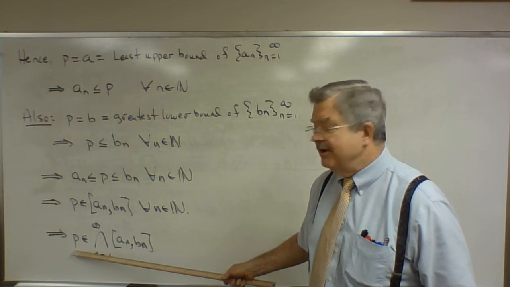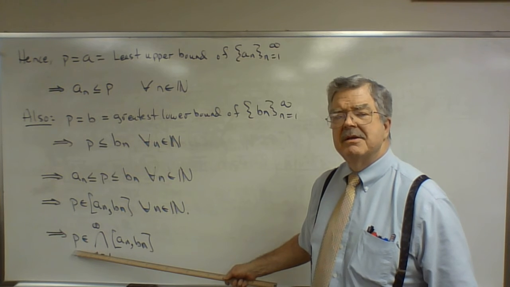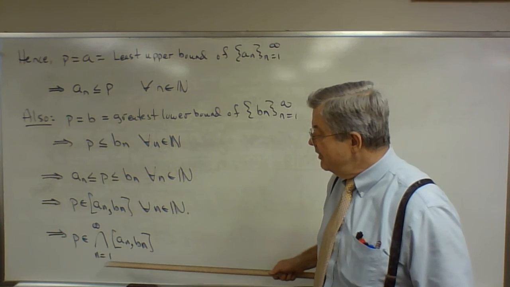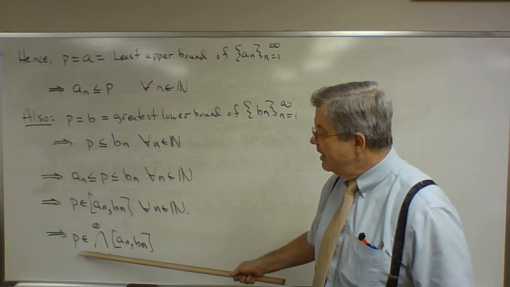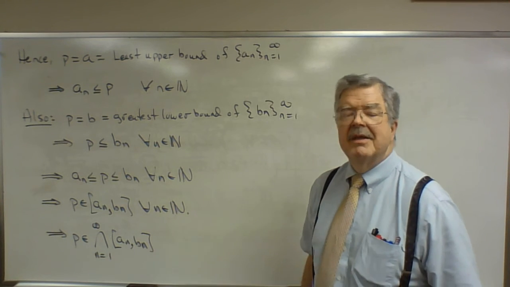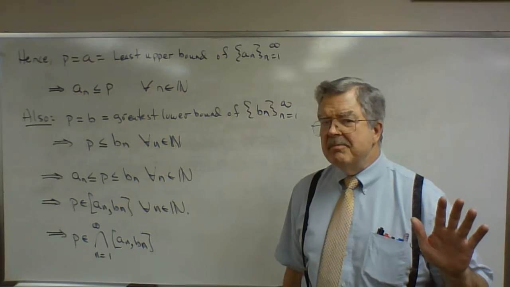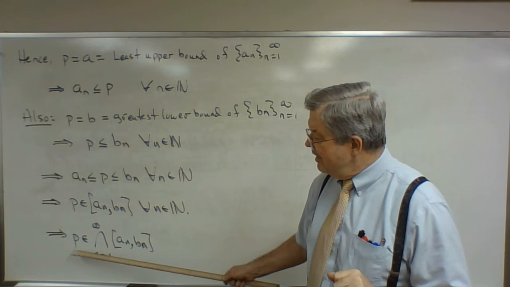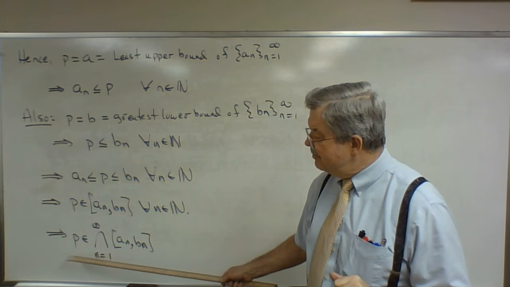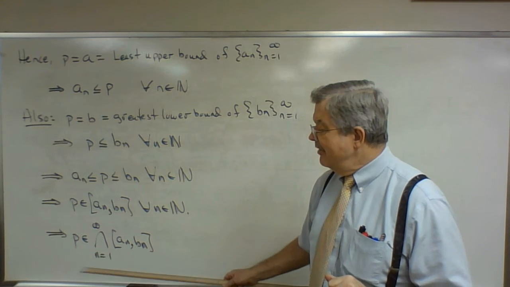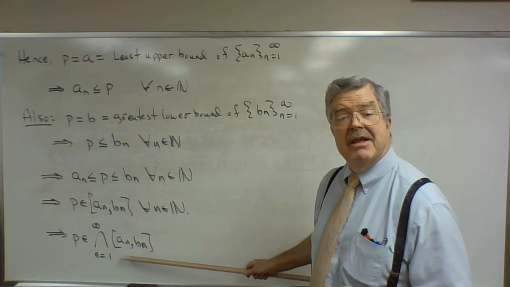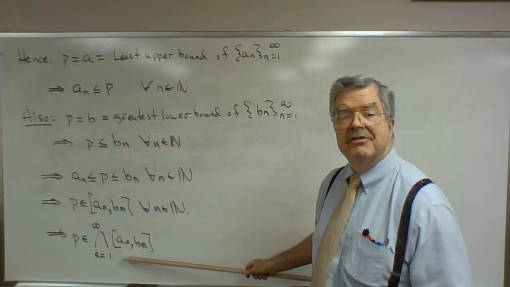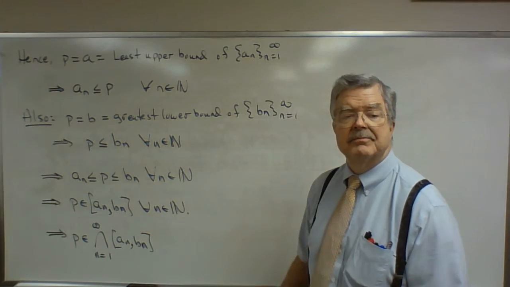In other words, there's only one real number p in the intersection of these intervals, and this is it. So we have a little bit more work to do yet. We have to show that this point p is unique, and that there can't be any other real number in this intersection.